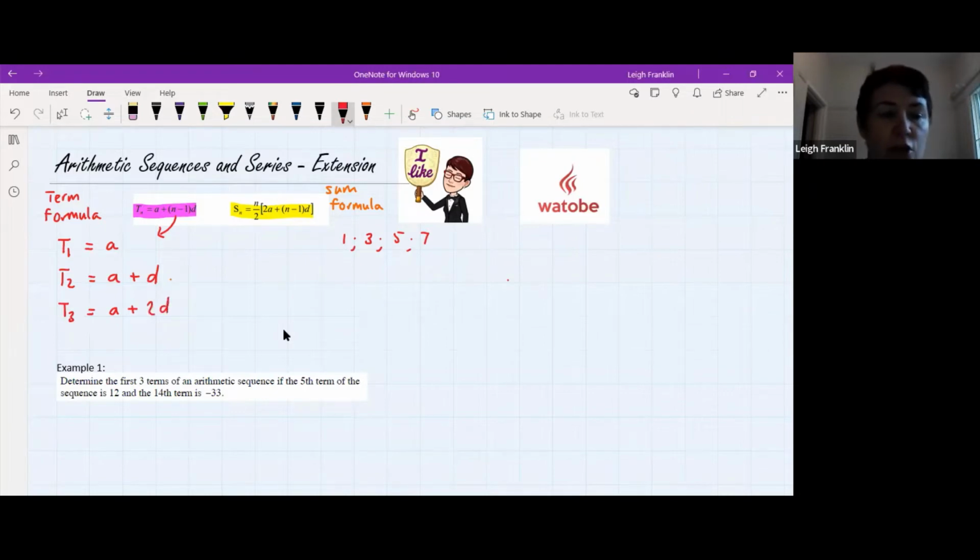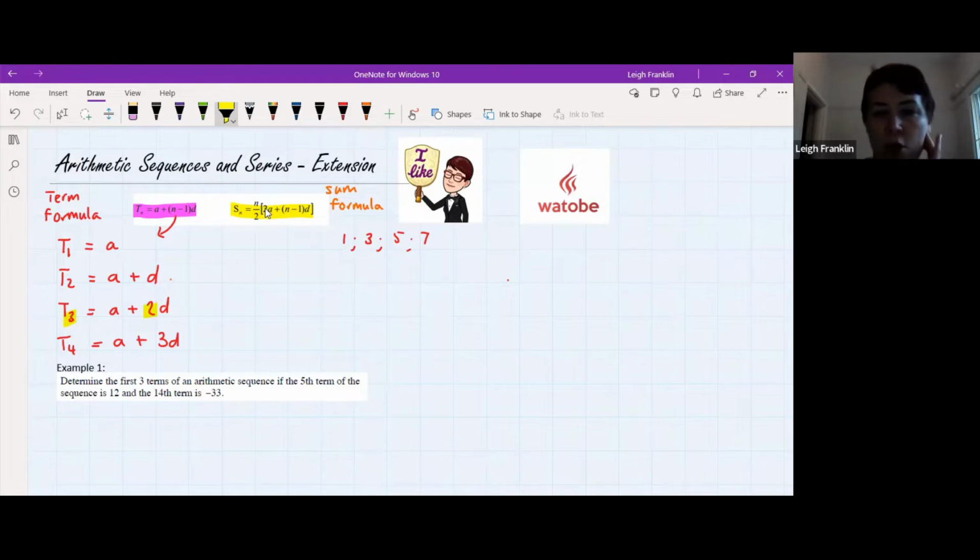This only applies for arithmetic sequences and series because there is a constant difference. So then term 4 would be written as A plus 3 differences, and etc. And this is where the TN = A + (N - 1)D comes from. The number of differences being added is always 1 less than the term number. Hopefully that makes sense.